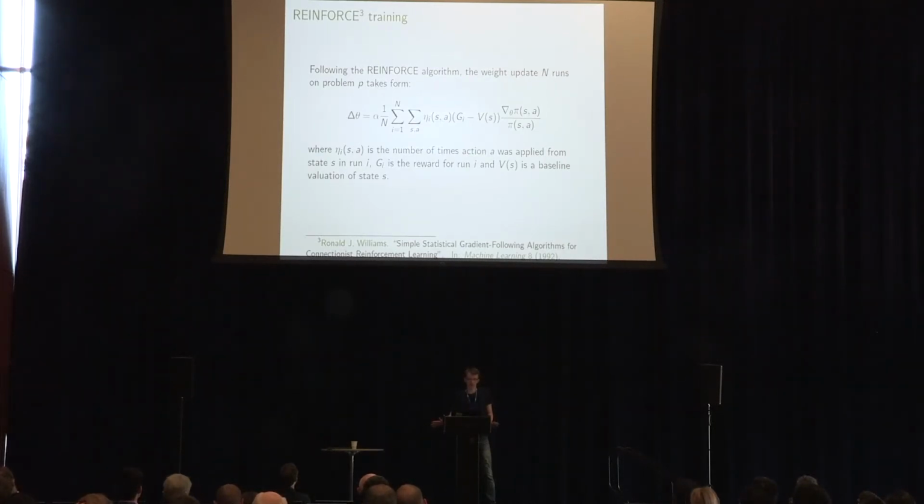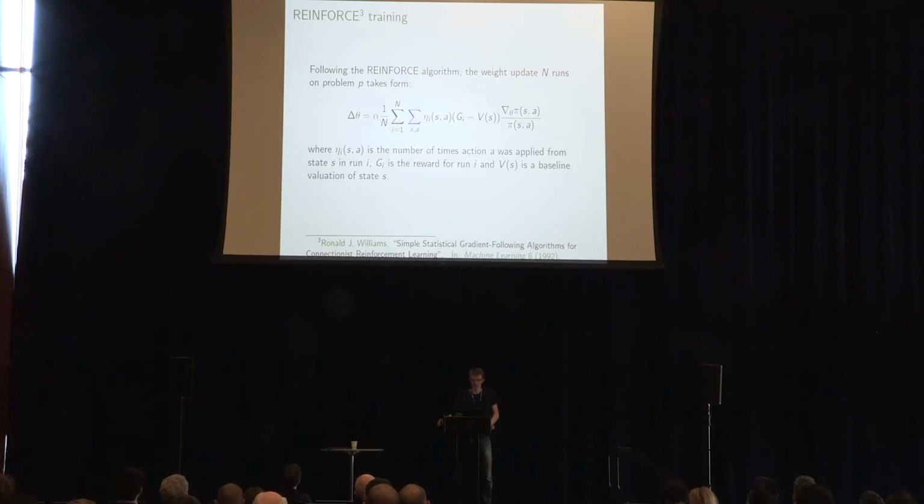And when we have defined our policy like this, we can train it with a variation of the REINFORCE algorithm, which applied to our problem updates the weights at every time step like this. What we do is we average over n runs of the planner to reduce the variance of the gradient estimate.